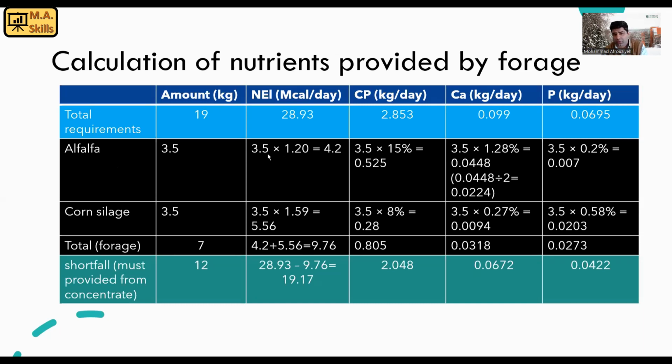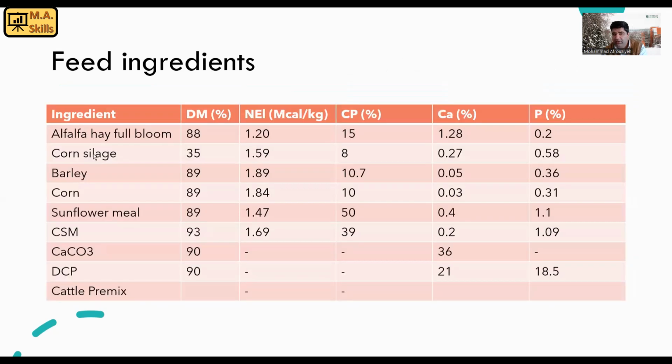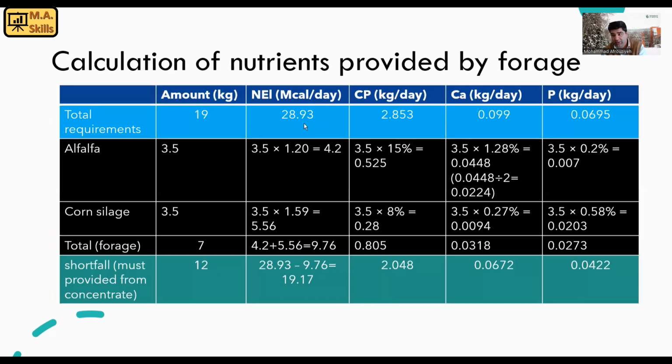So for NEL, I'm going to feed 3.5 kilos alfalfa, and the amount of energy in alfalfa is 1.2 megacalorie per kilogram. So if I multiply this by the amount of forage, it's gonna give me 4.2 megacalorie energy per day. Why per day?